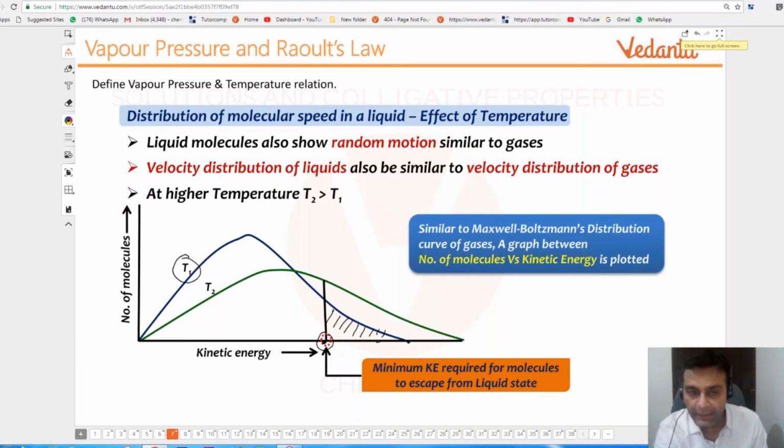But at a higher temperature, the number of molecules which can escape increases. That is why more particles evaporate at a high temperature, and the vapor pressure is more. I hope it's clear now. Everybody clear? Good.